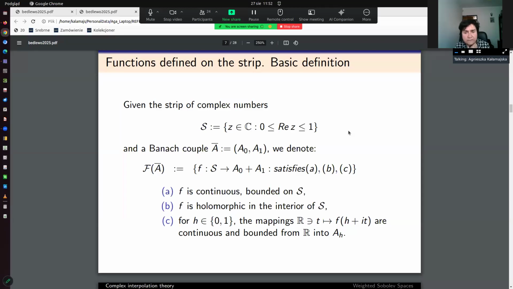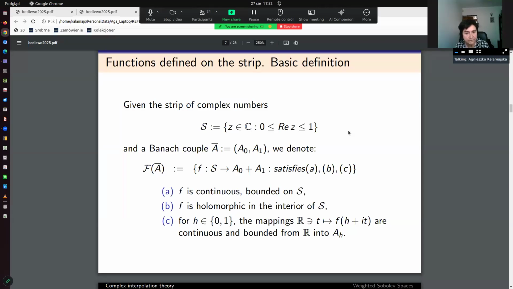Bounded on S, in the closure of S. Holomorphicity is inside. If it would be up to the boundary, no problem with this. Yes, but on the boundary you are bounded and continuous from R into the space. I see. I would be careful.